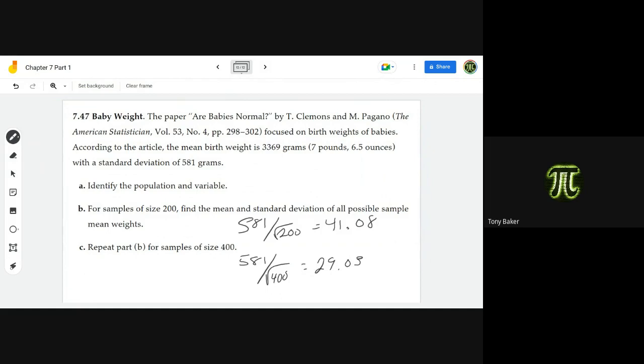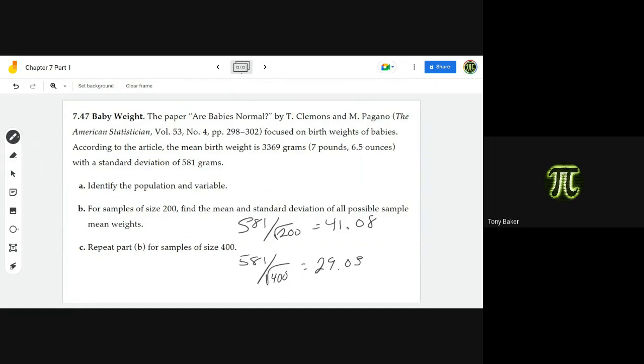And since we're Americans and we have no idea what 60 grams is, it's 2 ounces. So we have a 95% chance to be within 2 ounces of the actual mean if we just took a sample of 400 babies.